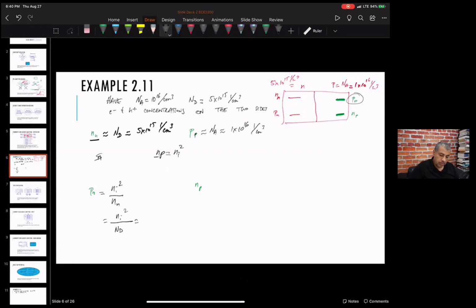Okay. And then remember, this is ni at room temperature, at T equal to 300 K, which is 1.08 times 10 to the 10th per centimeter cubed. So this is 1.08 times 10 to the 10th squared over 5 times 10 to the 15th.